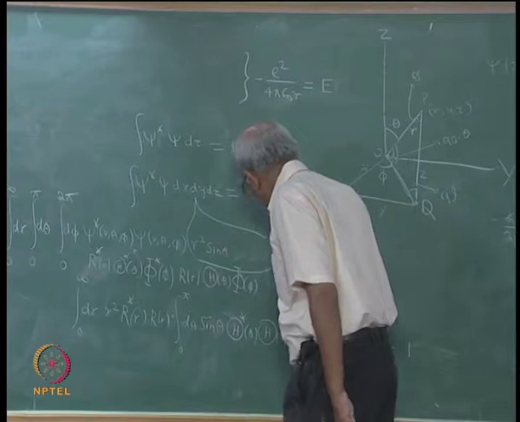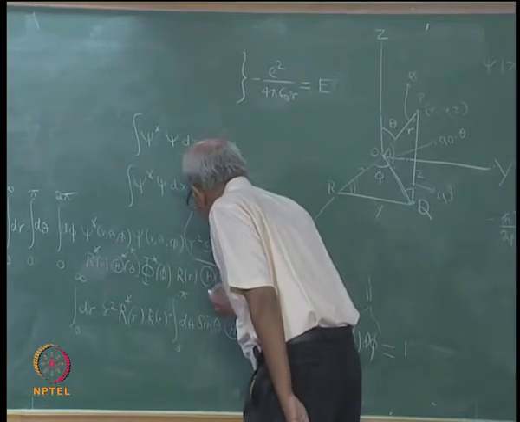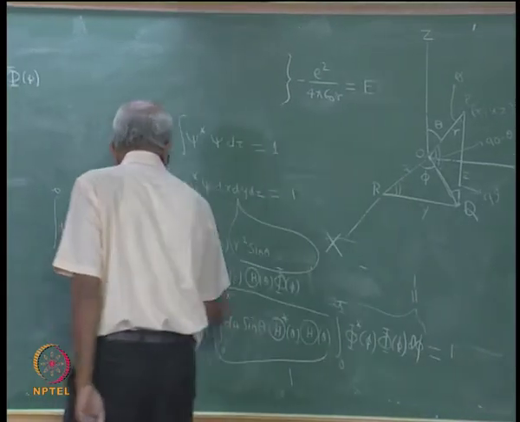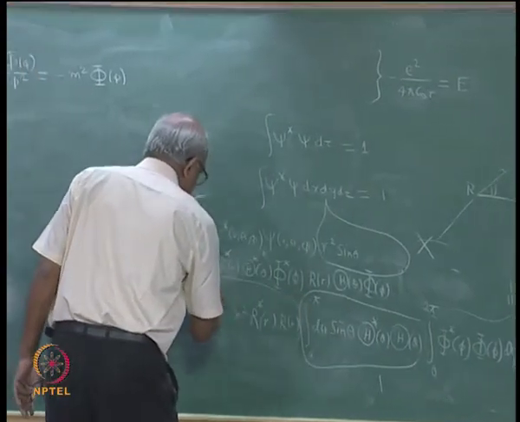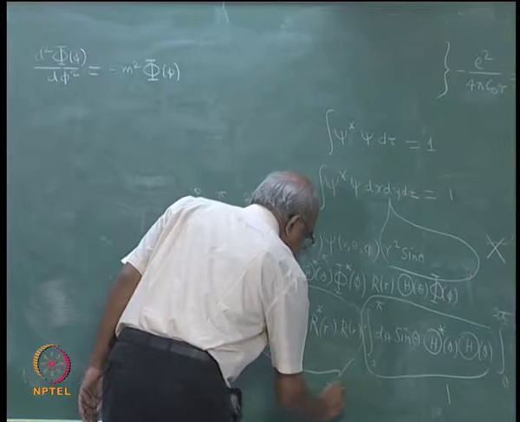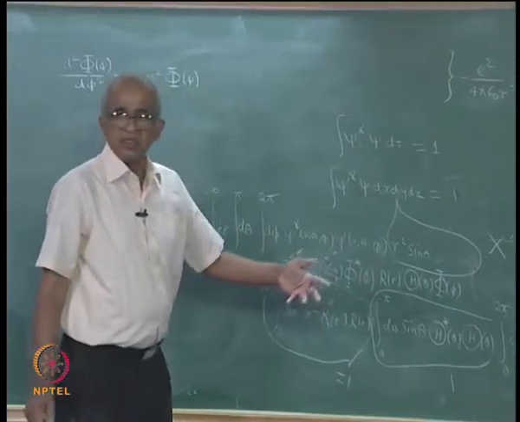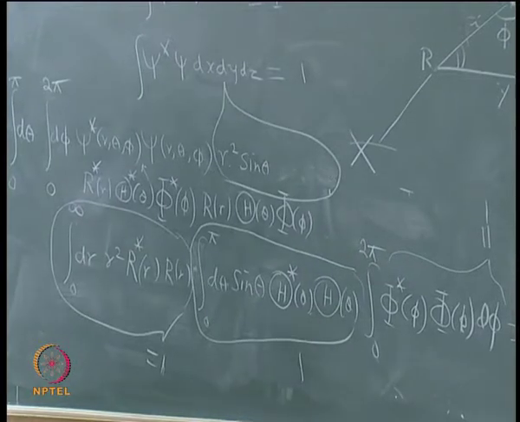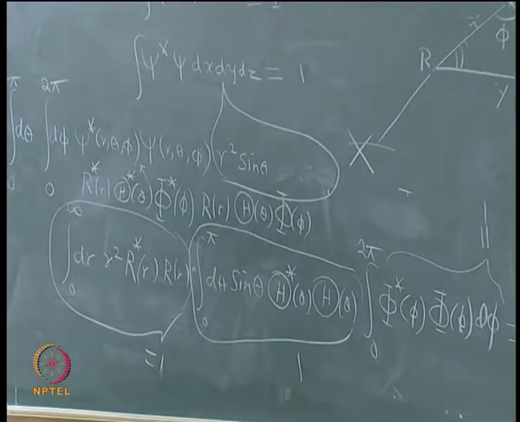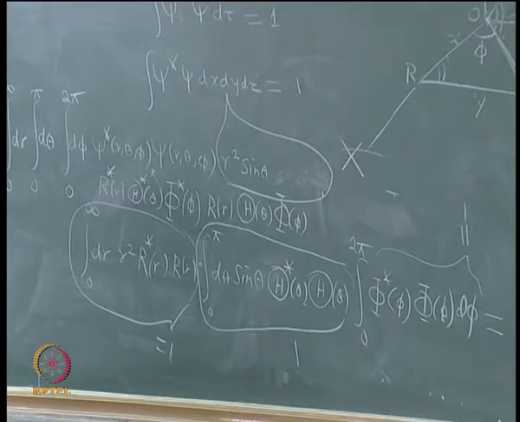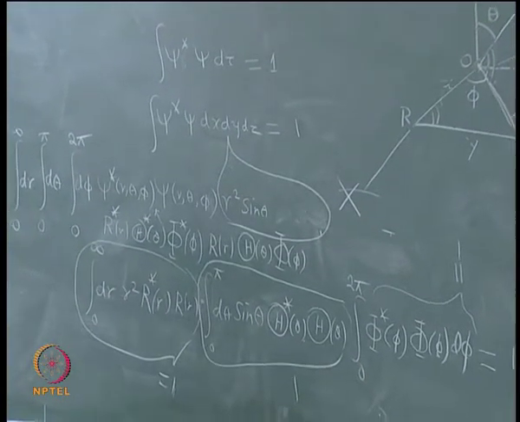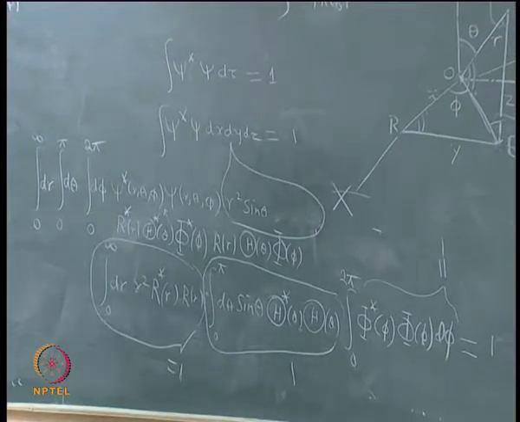And I shall impose a condition on theta saying that this must be equal to 1, and this other integral also must be equal to 1. So that once I have found functions in this fashion, I am assured that the total wave function is normalized, because if each one of them is equal to 1, then the product has to be equal to 1. Okay. So, that is what I will be imposing.